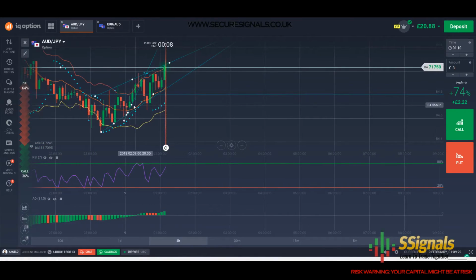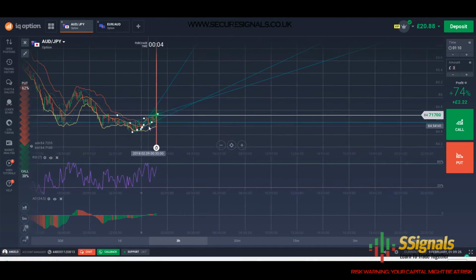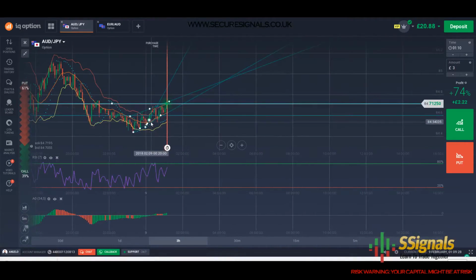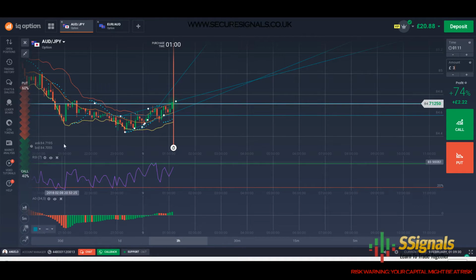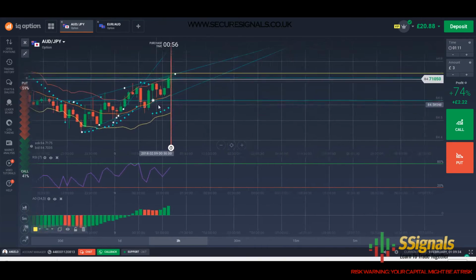I doubt price will go above here, to be honest. It does not look like it's gonna sustain that at all. So as you can see, there's a big good level there, so I'm just gonna wait for price to reverse off there.